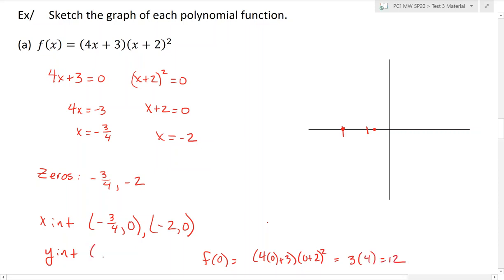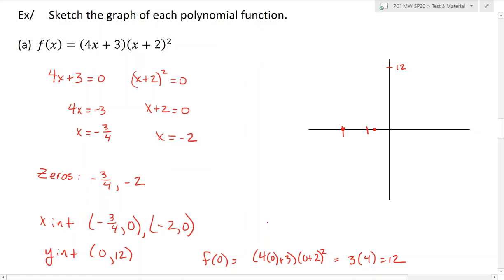So that means that when x is 0, y is 12. Don't feel like you need to put all of these dash marks up there. Just make one dash and call it 12, because you're not going to have anything else on that y-axis where you need to establish some kind of scale.